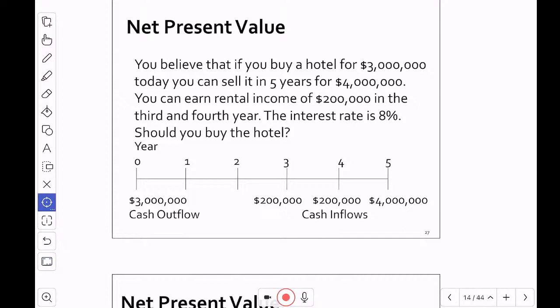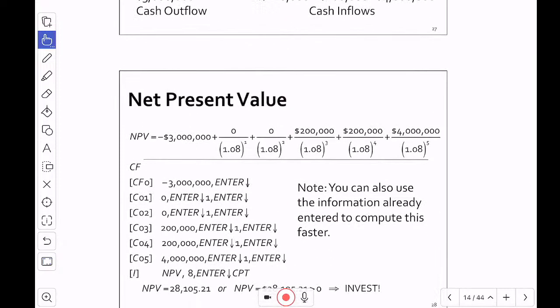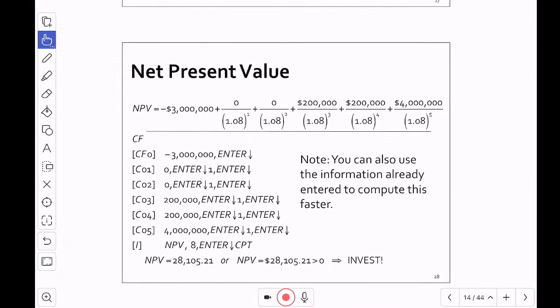So this is the new timeline. We earn rental income in the 3rd and 4th year. So that changes our net present value formula to this.